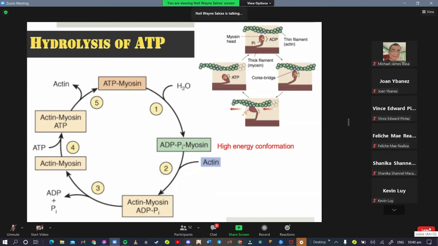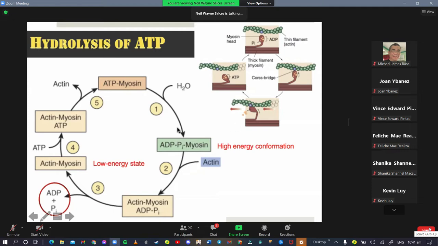So the myosin here is now in a so-called low energy state. And this is indicated by the actin myosin complex. So basically, you have to remember that what initiates the power stroke is the release of your Pi.